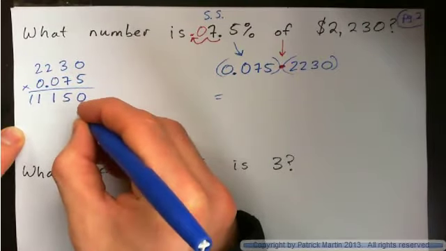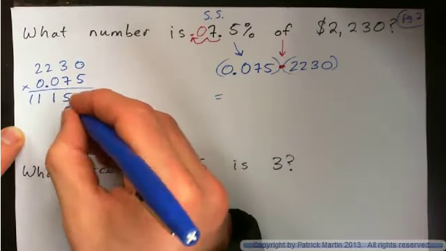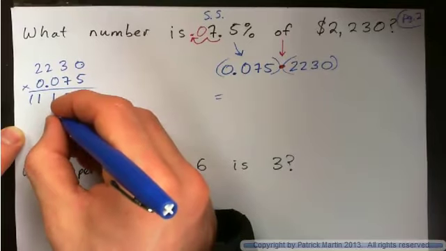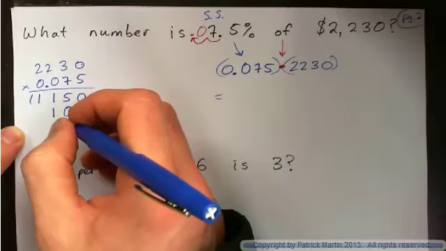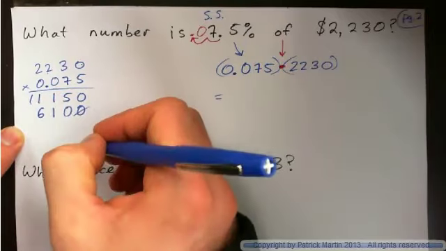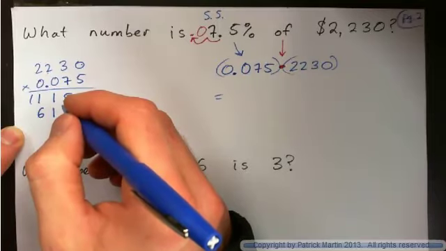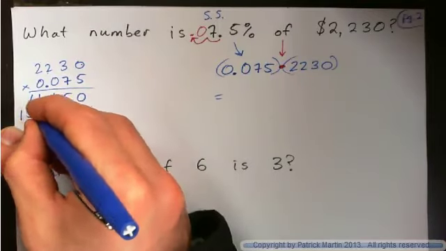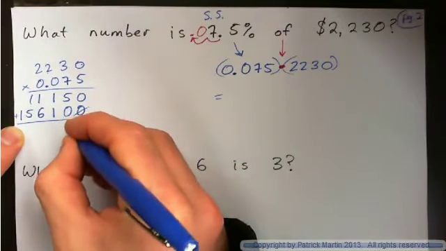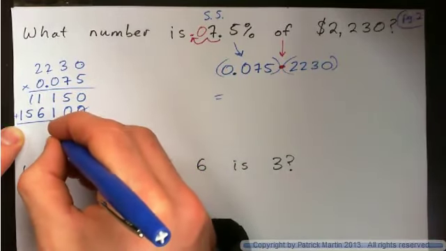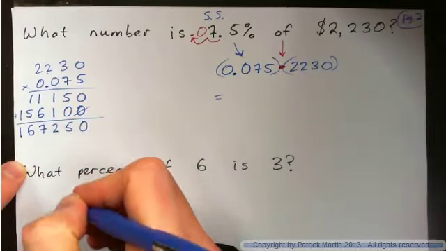Put down 0, placeholder, and multiply by 7. 7 times 0 is 0. 7 times 3, 21, carry the 2. 7 times 2 is 14, 14 and 2 is 16, carry the 1. 7 times 2 is 14, 14 and 1 is 15, and now add, and I've got 0, 5, 2, 7, 6, 1.